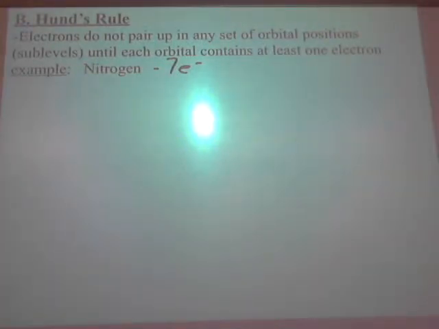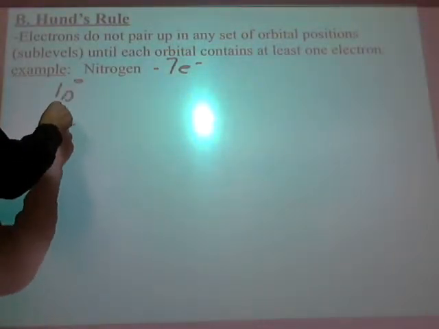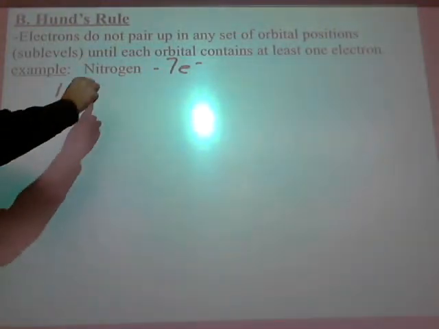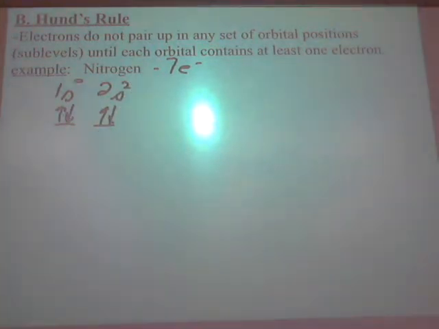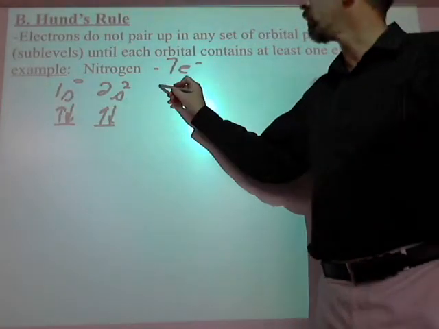I don't think we need to. This is such a small one. We all know what order they're going to fill in, right? 1s is going to fill up first, right? Everybody good with that? Then what? I mean, you could use the diagonal rule, but really don't need it yet. It's 2s after that. And I only need 3 more electrons, and they're going to go into 2p, correct?